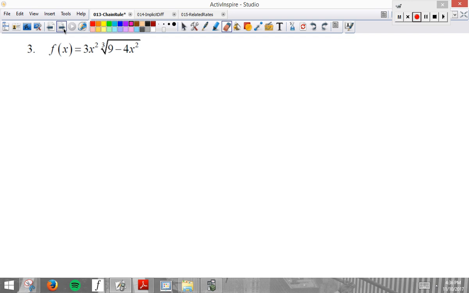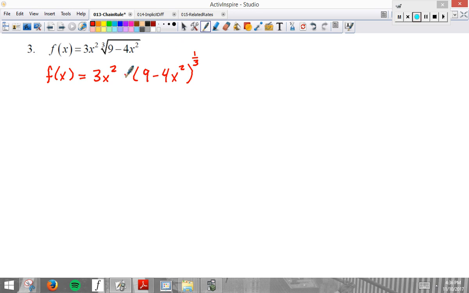Okay, another one. Ugh. Much uglier, much harder. So either way, my first step is going to be rewriting this. Hint. And the cube root is really the 1/3 power.